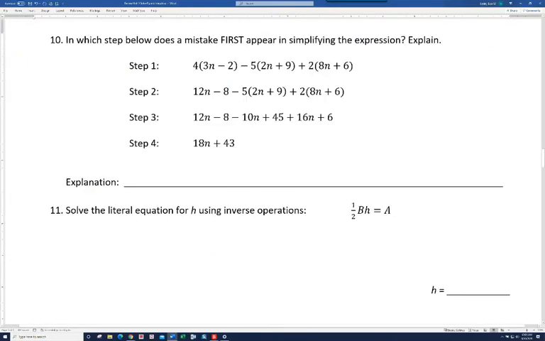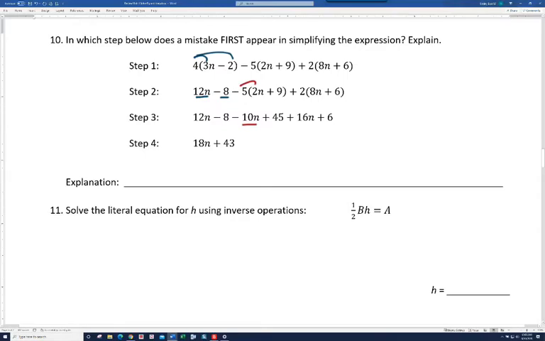Okay, so on number 10 it says, in which step below does a mistake first appear in simplifying the expression? Well, let's see. In step 1, it looks like they distributed here to get the 12 in, and 4 times negative 2 to get the minus 8. They distributed negative 5, so actually that was it.